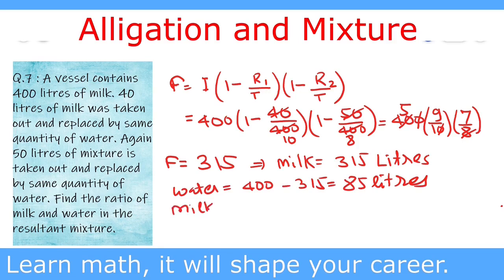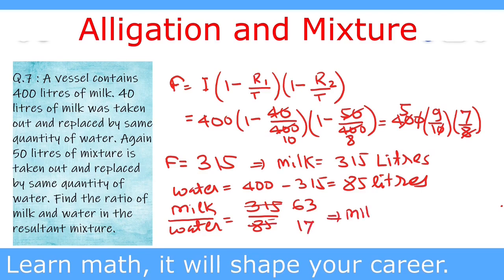Thus milk upon water equals 315 upon 85. If we divide 315 by 5, we get 63, and 5 goes into 85 seventeen times. Thus the ratio of milk to water is 63 to 17.